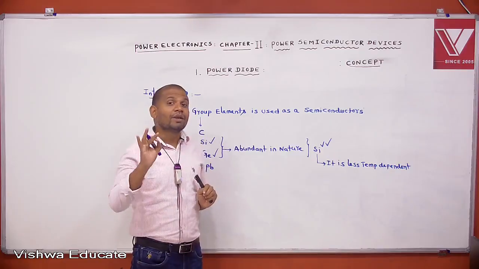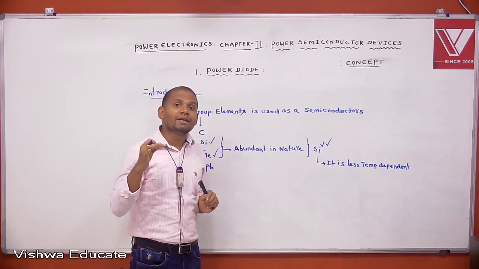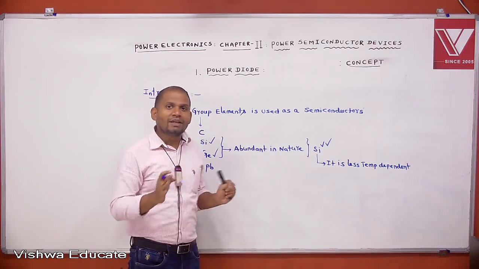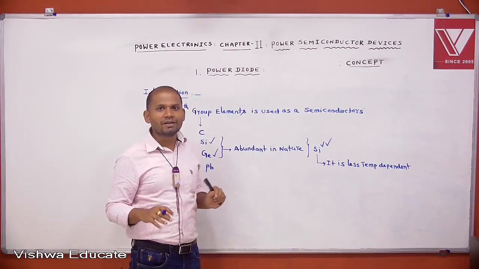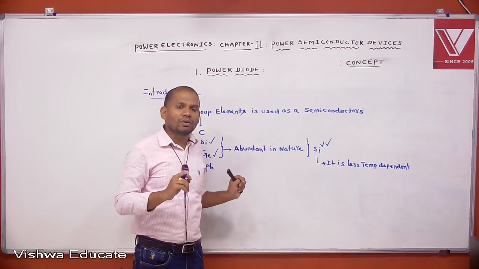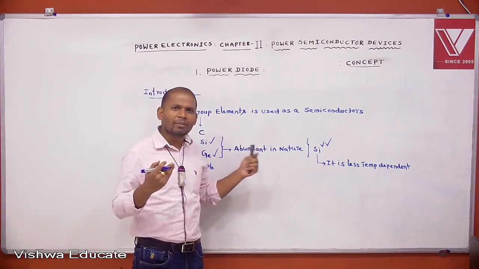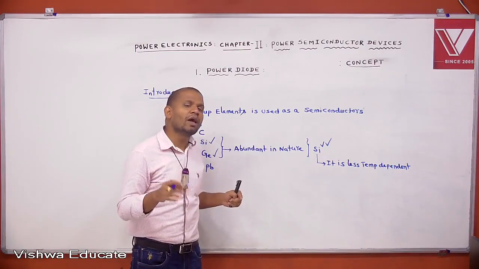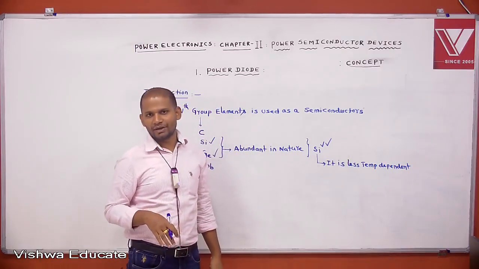But between silicon and germanium, silicon is less sensitive to temperature. Yes, germanium also has many applications, but I'm comparing like this: silicon is more favorable as compared to germanium because it is less temperature dependent.